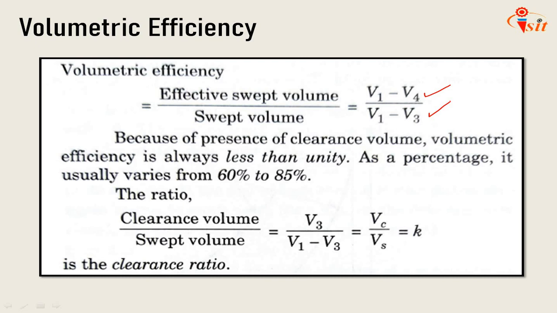The ratio of clearance volume to the swept volume is V3 divided by V1 minus V3. So V3 is nothing but clearance volume, Vc, divided by Vs. This ratio is known as the clearance ratio, which is designated by small k. As a percentage, this ratio will have a value between 4 to 10%.